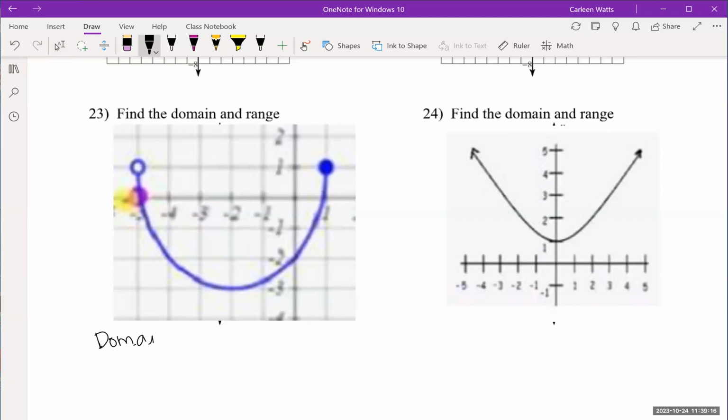The domain are the possible x values. So I'm going to draw a box around this function. Are there any x values outside the box?